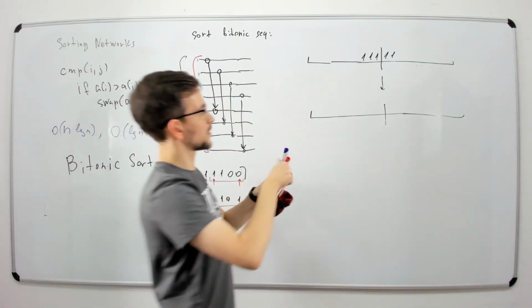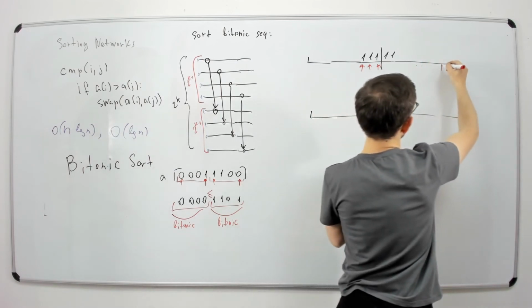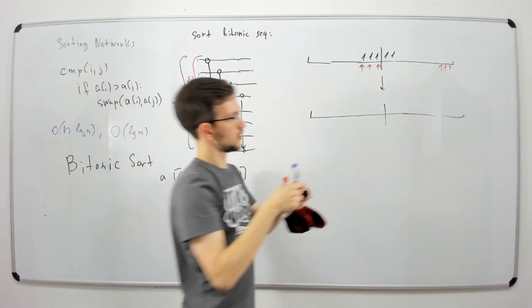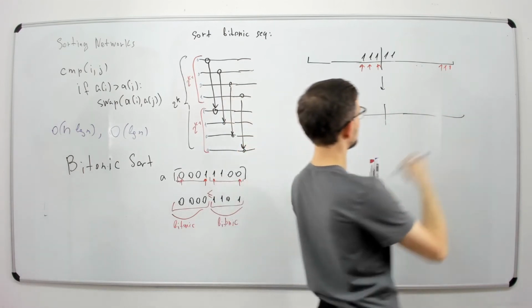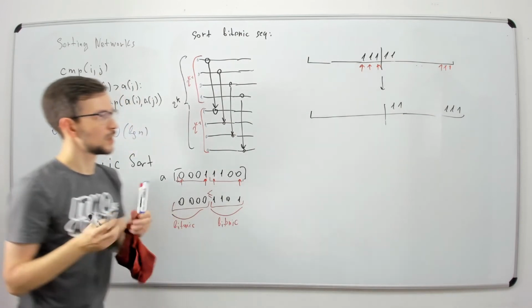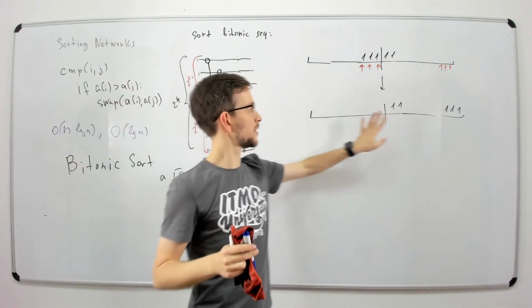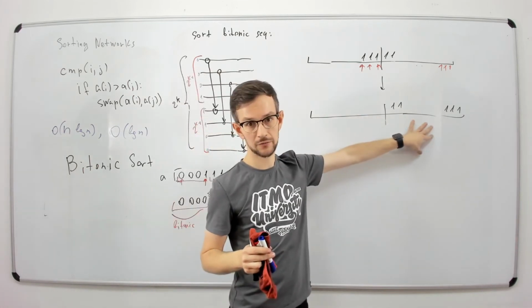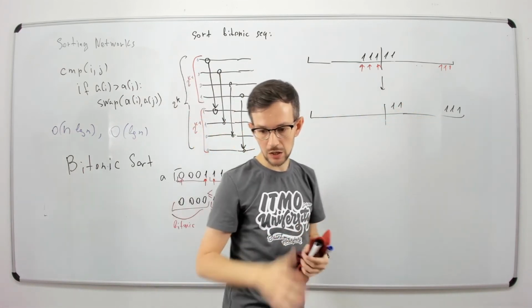Then we compare these ones with these zeros, so these ones will move to these positions. We'll have these ones here and these ones here. And now again, both halves are Bitonic, and this half is less than or equal to this half. Here we have only zeros, and here we have zeros and ones.